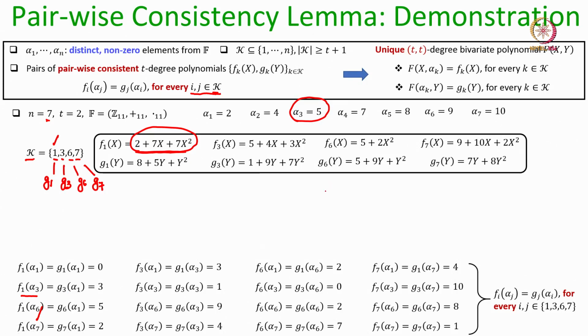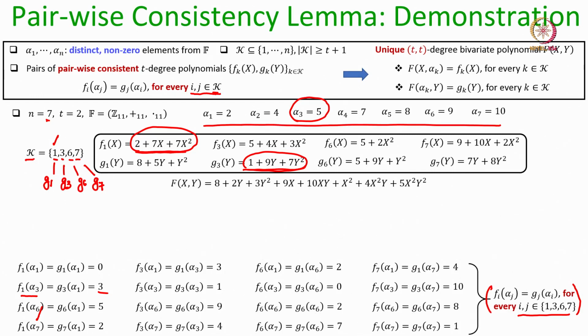The y univariate polynomial corresponding to the index 3 is this polynomial, and evaluated at the first evaluation point, namely 2, both these values turn out to be 3, and we can verify. I am not going through the calculation here, but you can verify that f i of alpha j and g j of alpha i will be the same values for every i, j pair in the set 1, 3, 6, 7, where my evaluation points are 2, 4, 5, 7, 8, 9 and 10.